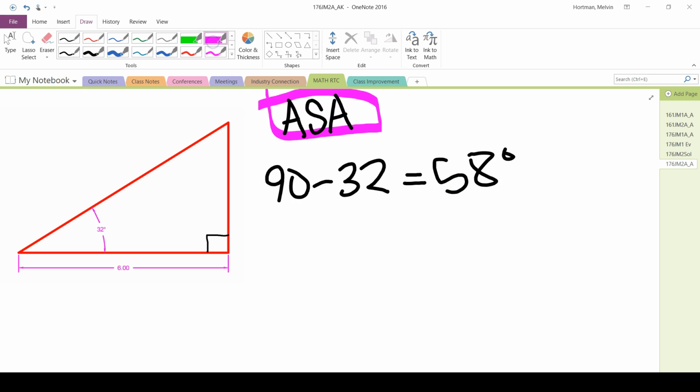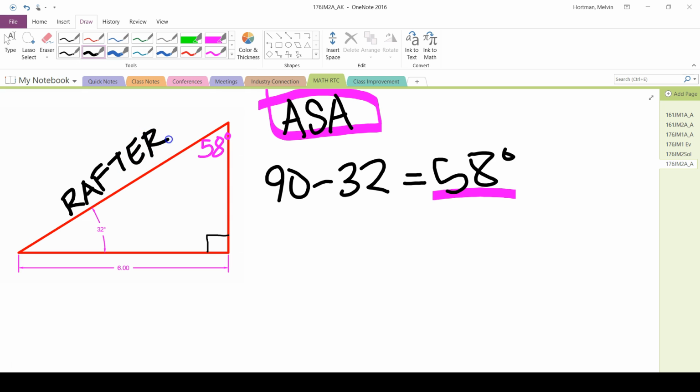Alright, that's one unknown solved for, and I'll actually just write that up here, 58 degrees. There we go. And now we need to solve for the sides. Specifically, I need this rafter length right here.